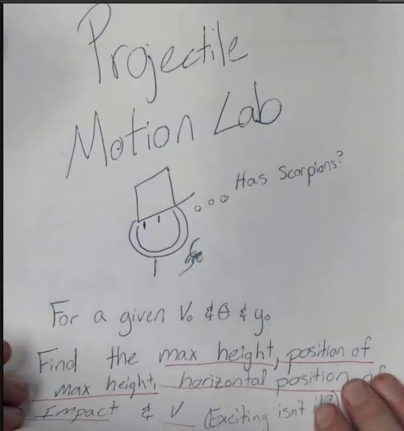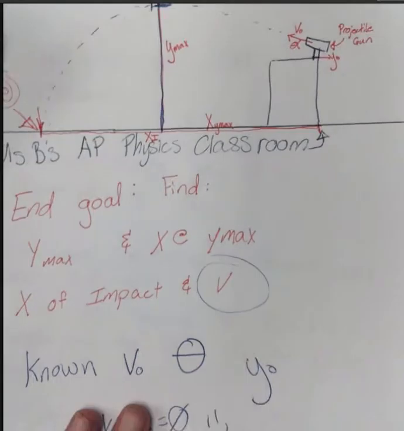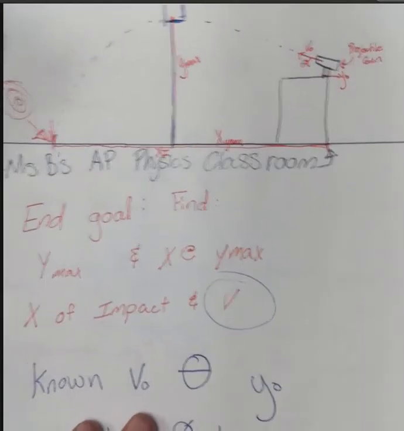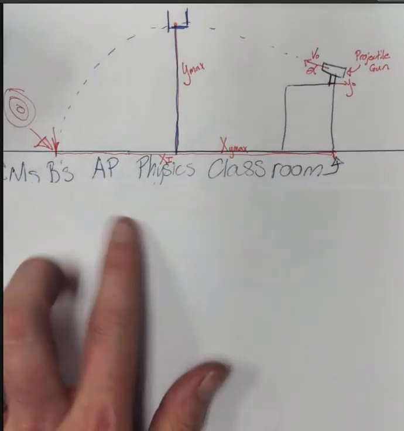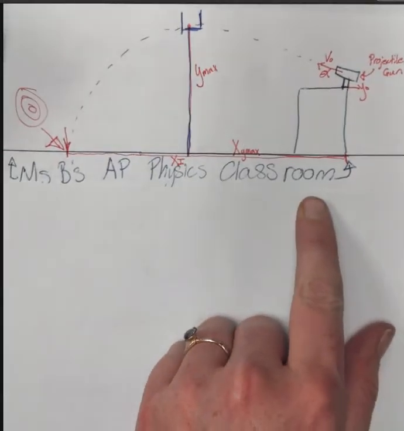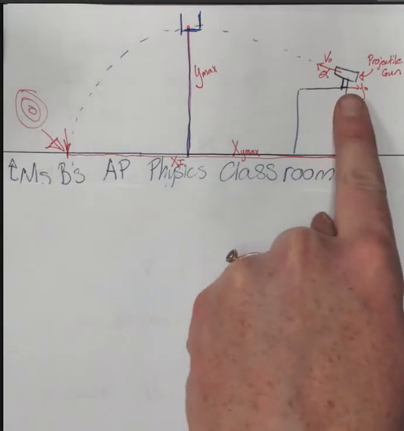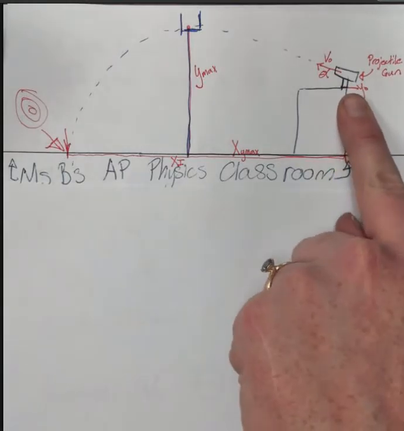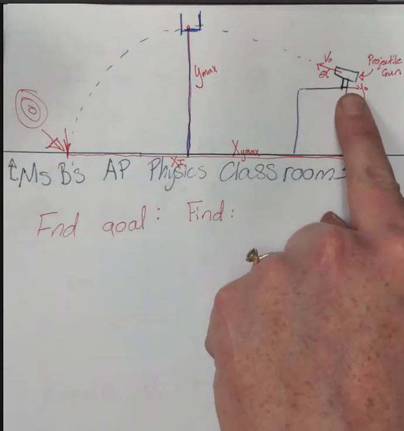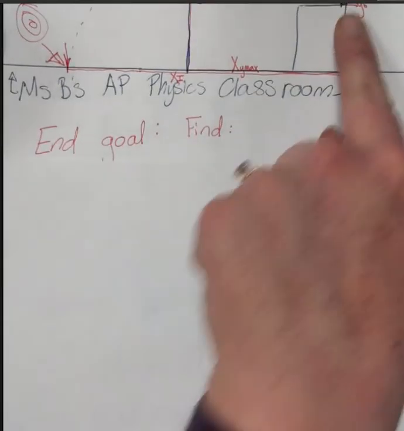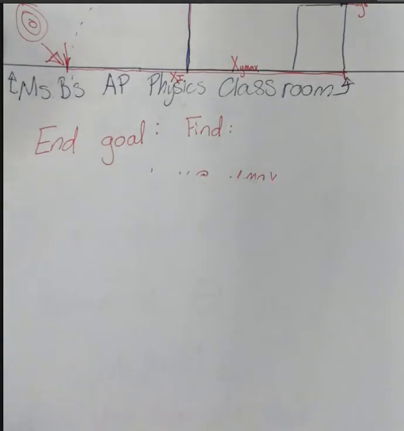Let's take a look at the situation that you're going to have. Imagine, if you will, that this is Miss B's AP Physics classroom. On her counter, she is going to set up the projectile motion gun, the Benny gun, and she's going to ask you to find, as the end goal of this entire lab, the maximum position in the y direction of your projectile.